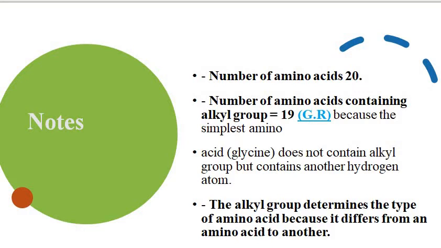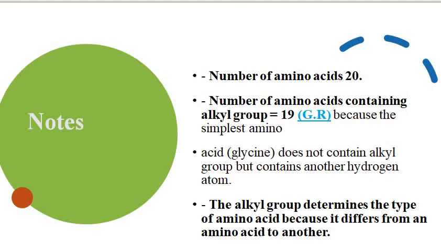The number of amino acids containing an alkali group is 19 in reality. Why are there 19 amino acids containing an alkali group? Because one of them doesn't have an alkali group, which is called glycine. It has 2 hydrogen atoms, the amino group, and the carboxyl group.